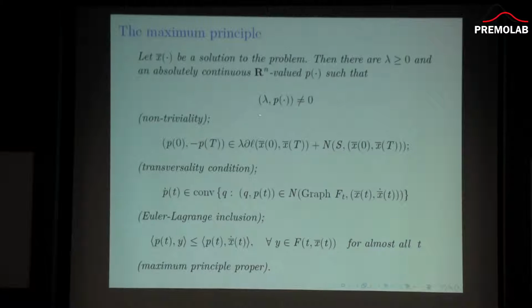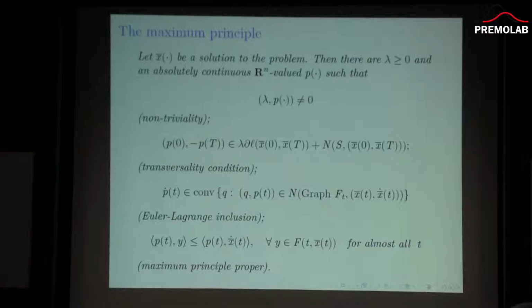Like in the usual maximum principle, this pair is non-trivial, and satisfies transversality conditions more or less the same as in every kind of optimal control problem. But the adjoint equation assumes this form, which in fact is extremely beautiful when you start to work with it, and it was a long way to get this relation. It is the Euler-Lagrange inclusion.